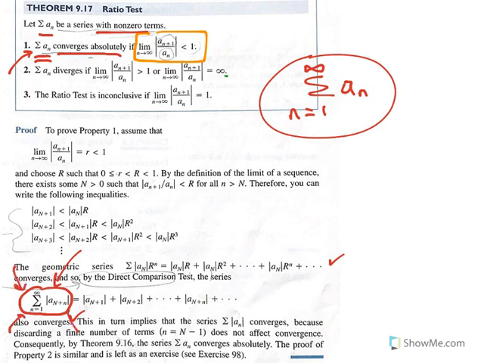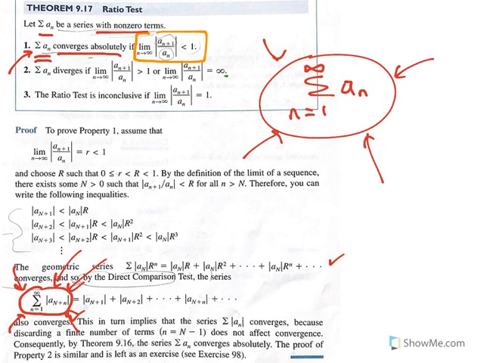The series that we've shown must converge is the same series as this one, except it's missing the first uppercase N minus 1 terms.